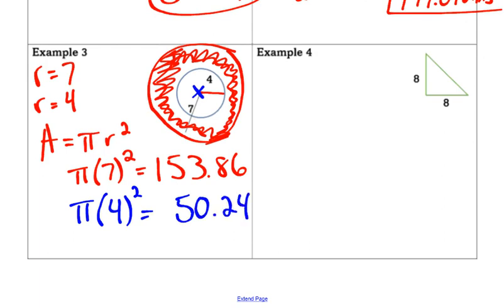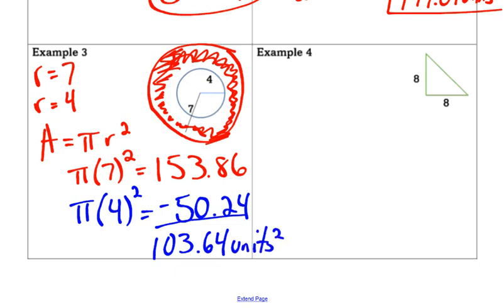The area of the entire thing, the red circle that I drew there, is 153.86. The problem is that includes this circle in the middle, the blue one that I just shaded there. I want to take that away though. So we can subtract that out. Subtracting these two numbers tells us that the leftover part is 103.64 units squared.